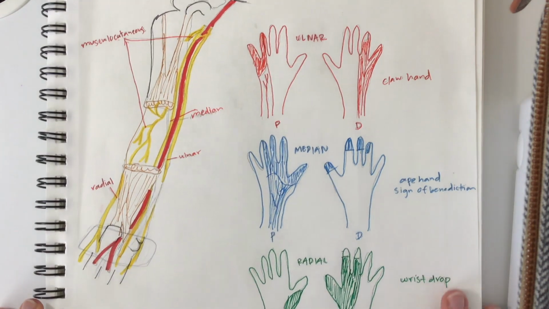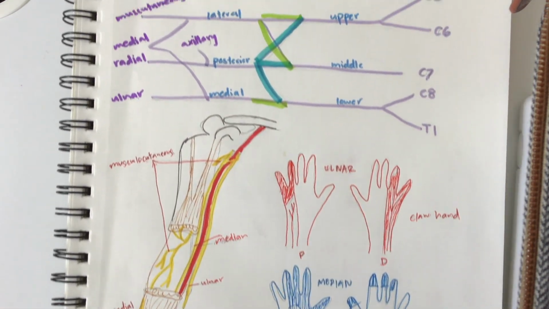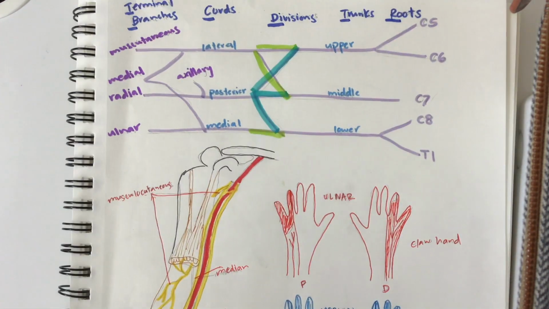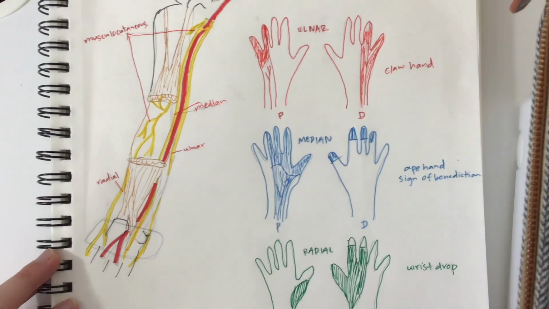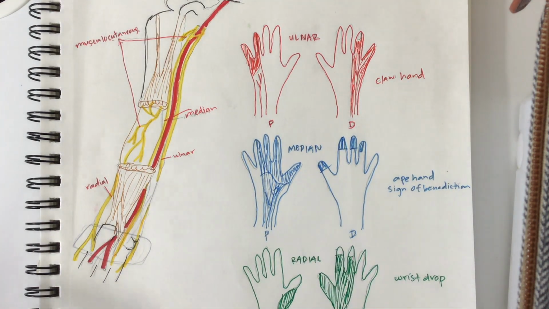Honestly, the more that I draw it out and think about where the nerves run from the brachial plexus down the arm and into the hand, and which areas they supply, the more easily I can think about what injury is present based on what nerve and what muscles they supply. And you have to remember that not every nerve injury is the same.